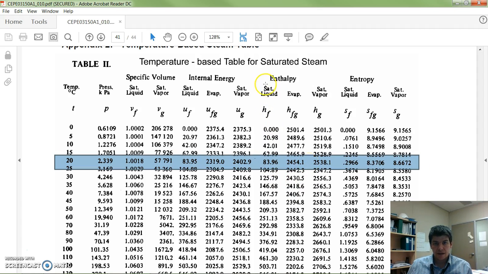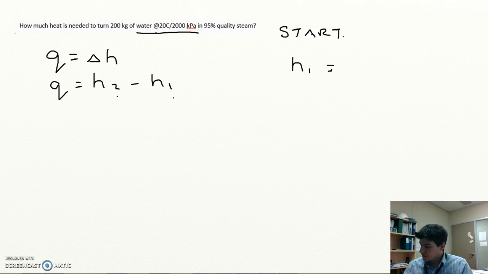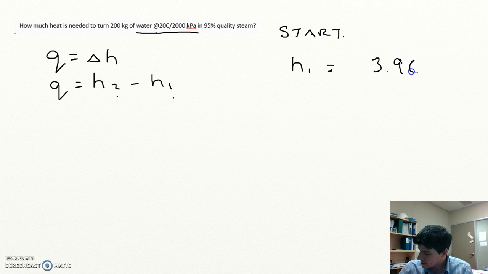What I see is my saturated liquid properties for a liquid at 20 degrees is going to be equivalent to 83.96. So my H1 value is 83.96, and those are kilojoules per kilogram.